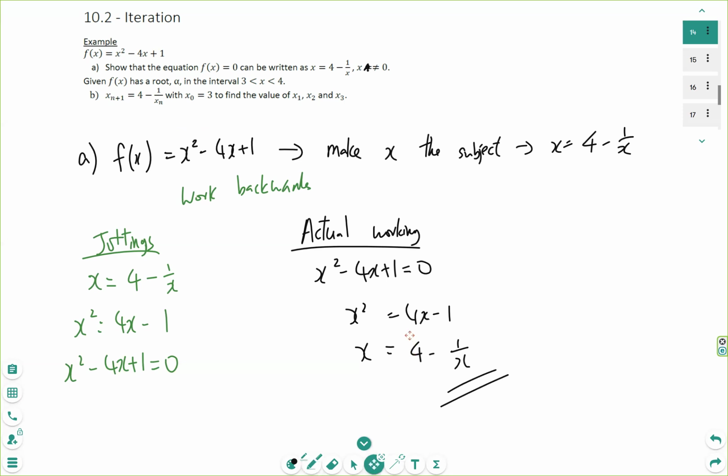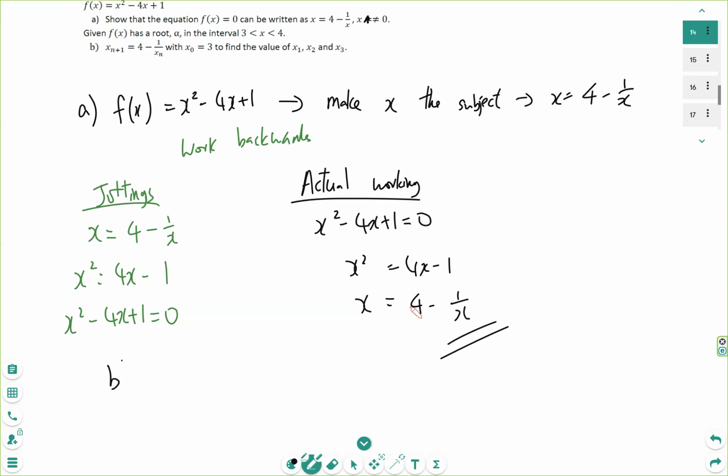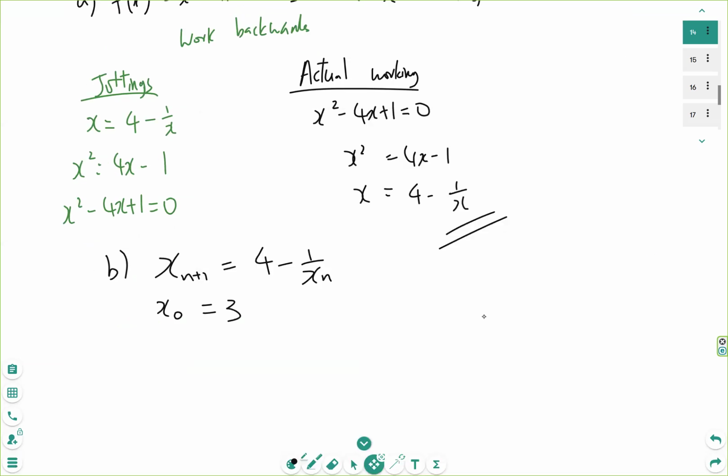We've done this actually in the previous illustration. So if you want to possibly work out x1, x2, x3 using a calculator, be my guest, have a go. But otherwise, this is what we'll go through. So I'm just rewriting x of n plus 1 equals 4 minus 1 over xn. So x0 is 3.